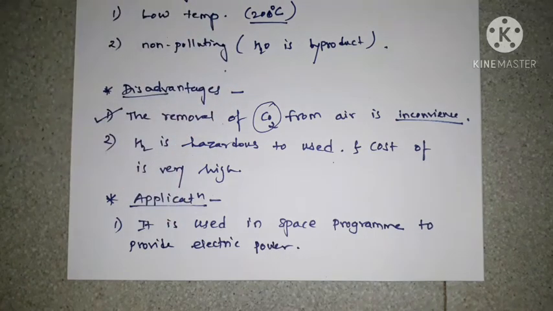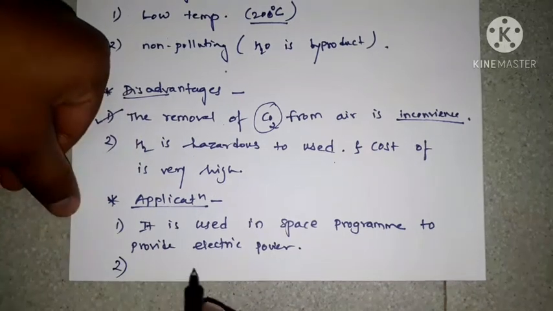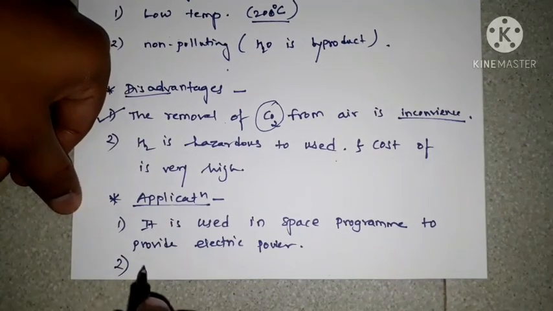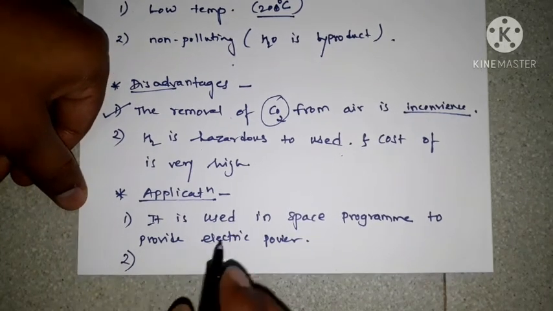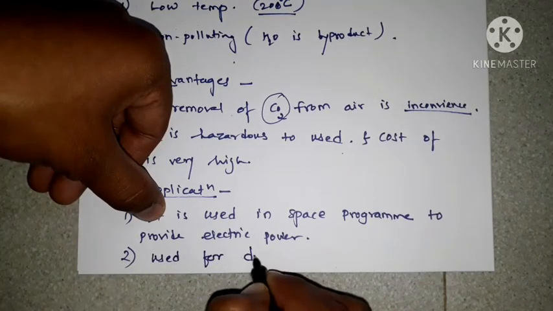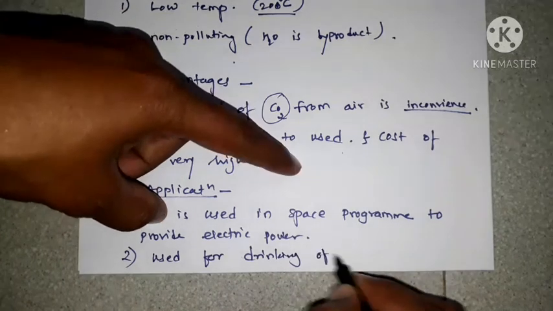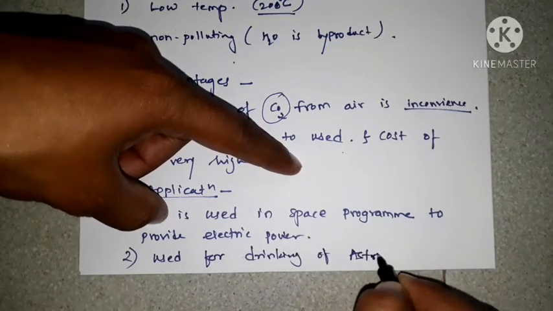Okay, then second one is, in the spacecraft the water vapor produced is condensed and used for drinking by astronauts. Okay, because in the hydrogen oxygen fuel cell water is a byproduct, so that water is used for drinking by astronauts.